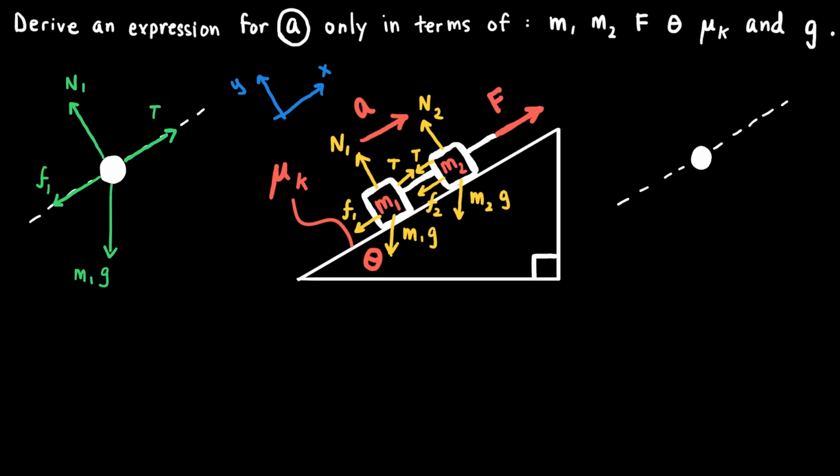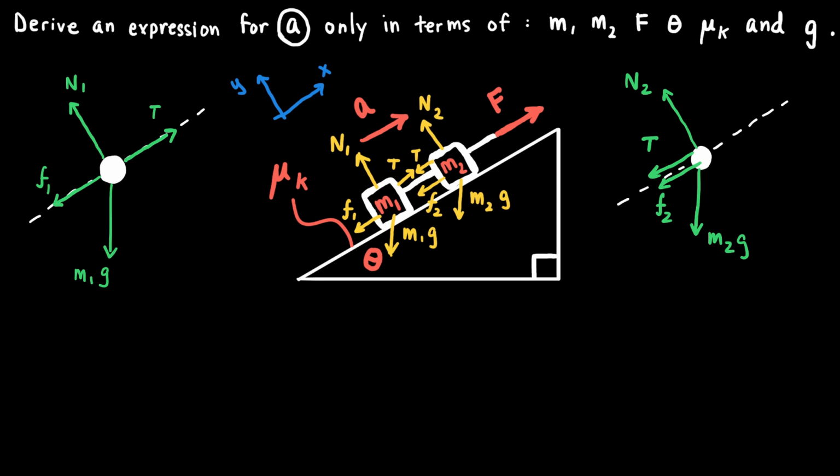And so again, we have the weight of the block, which can be represented by m2g, a vector that points straight down. We have the normal force, which points perpendicularly away from the surface, which has a magnitude N2. The tension, which pulls down the ramp, has magnitude T. The frictional force, which points down the ramp, has a magnitude F2.